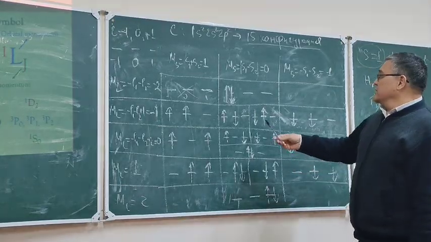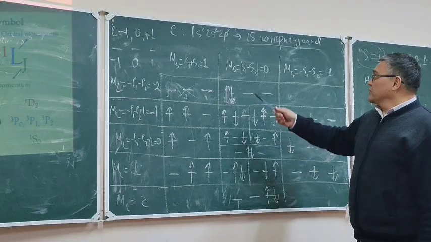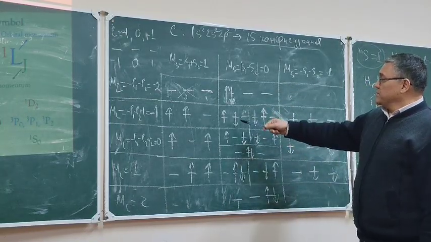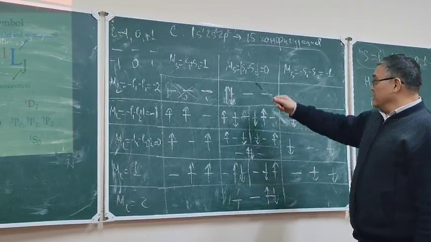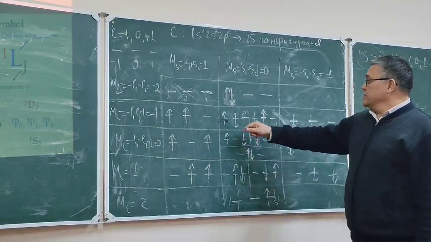Now for the case when we have ML equal to -1 and MS equal to 0, we have to have two electrons with spins antiparallel to each other. So in this case MS equal to 0, and ML equal to -1 will correspond to these configurations.